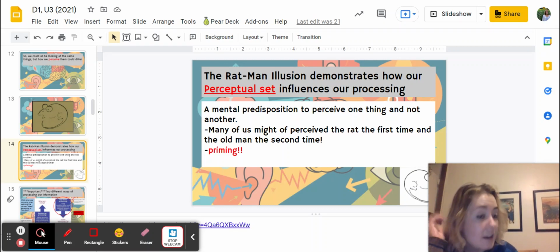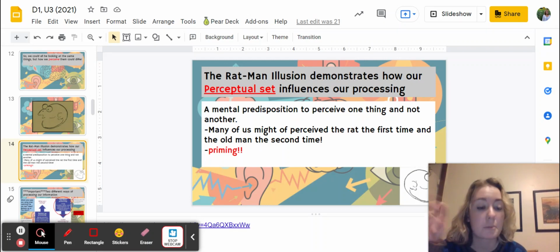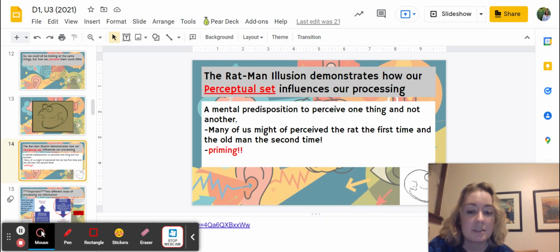If you already had these experiences of seeing people and were primed with that in your mind, you're more likely to perceive it as a human. So perceptual set, again, is just this idea that sometimes we're more primed or predisposed to perceive one thing or another, and this is due to our past experiences and what we already know.